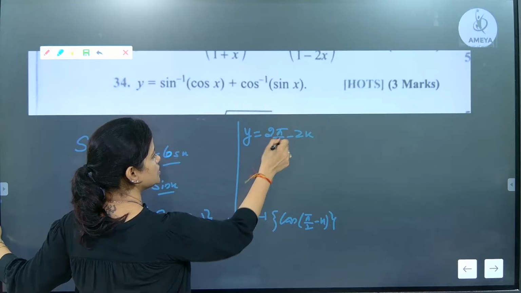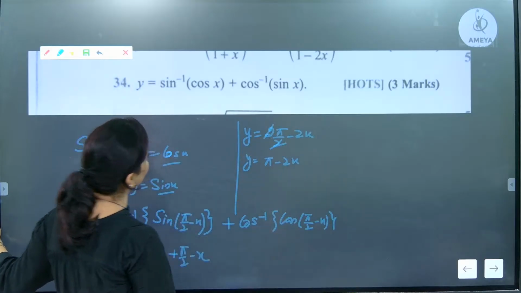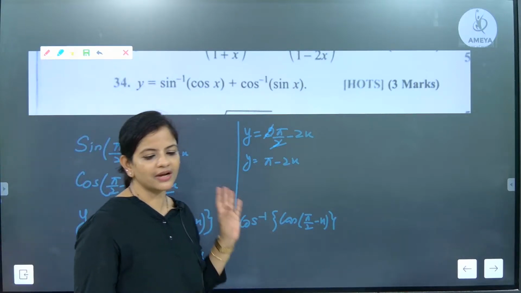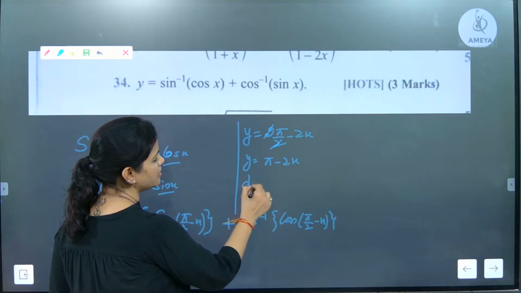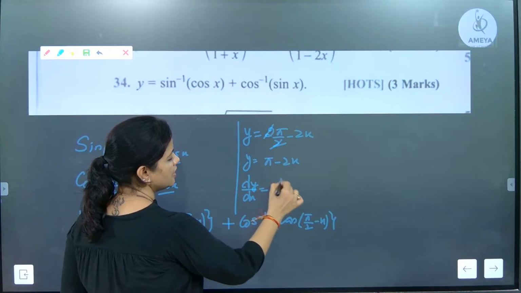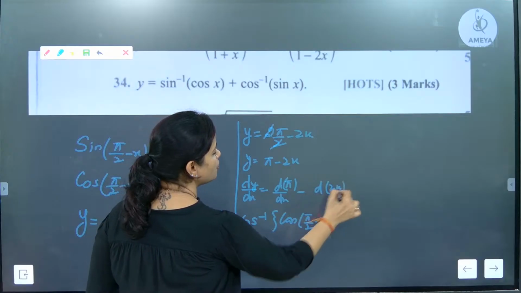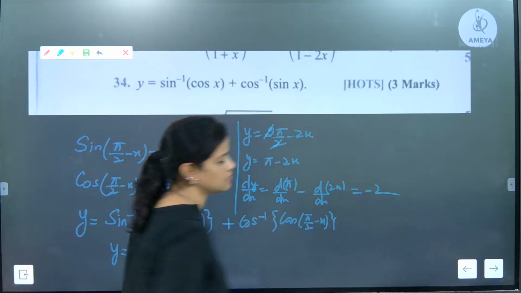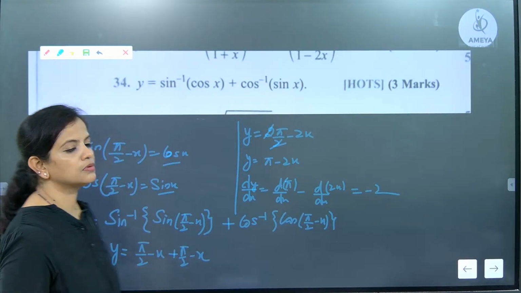Such a tough question. y equals pi minus 2x. Before, if you had gone for differentiation, it might have been tough. But right now, nothing is there in the question. It's all set, all done. Just differentiate. dy by dx is equal to d of pi by dx minus the differentiation of 2x by dx. Pi goes away, nothing is there. The answer is minus 2, because the differentiation of x is 1.